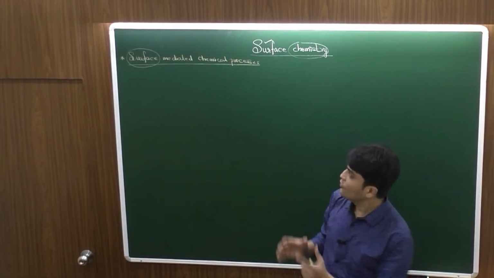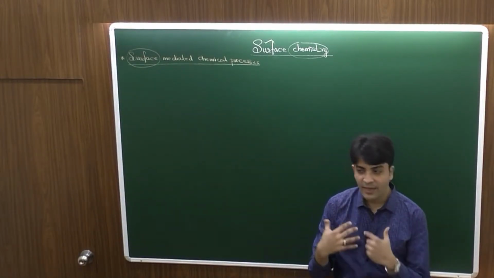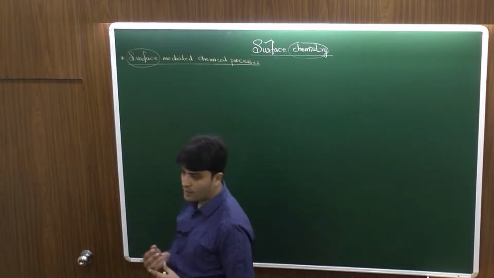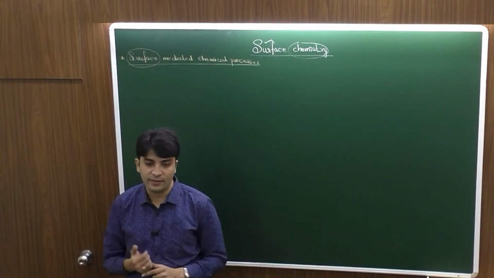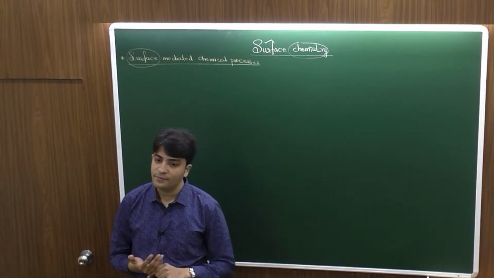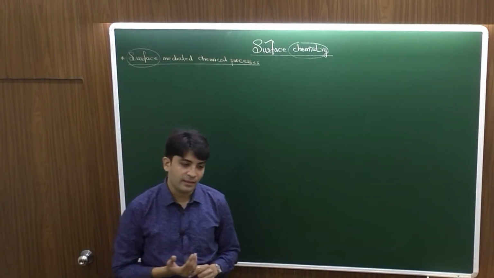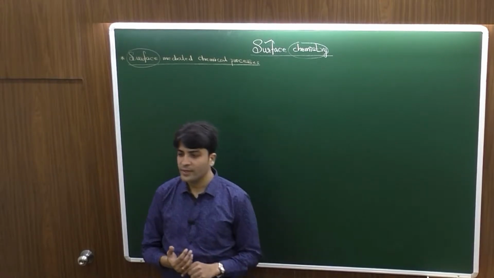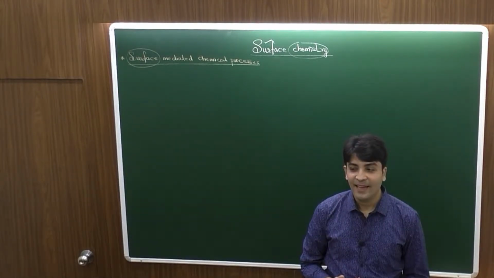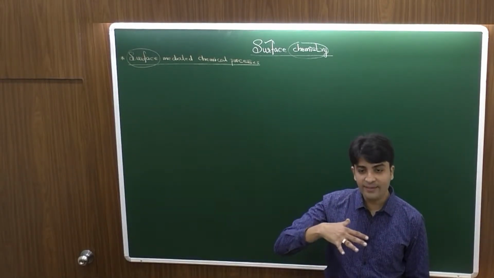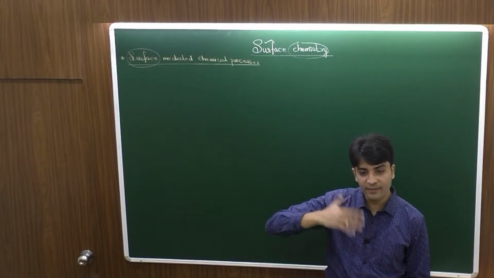Now surface is a very common term, but if I ask you to define it, how can you define a surface? Any surface? The top part of any substance. More specific. And that layer is separating two phases.